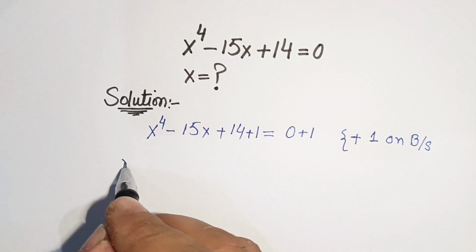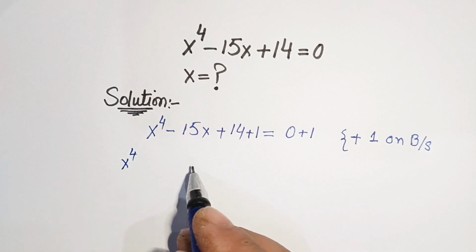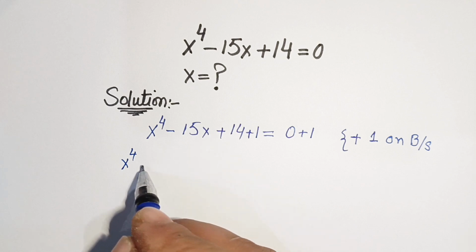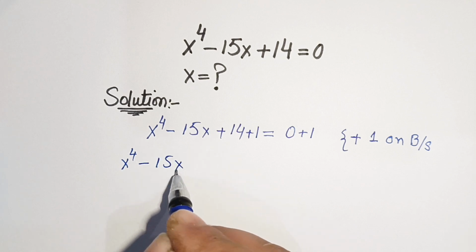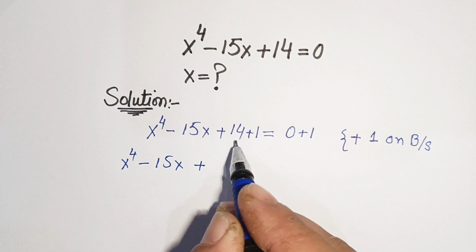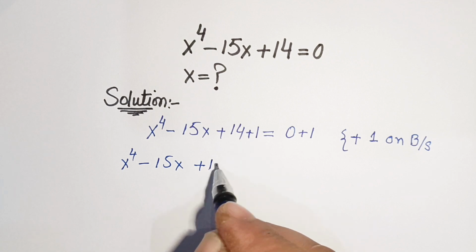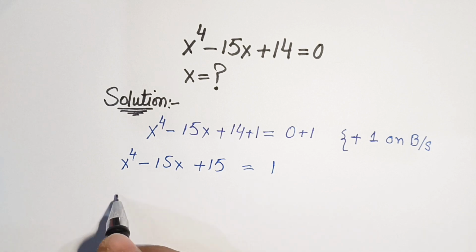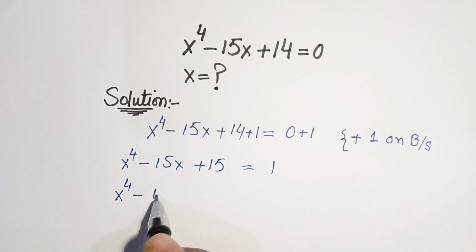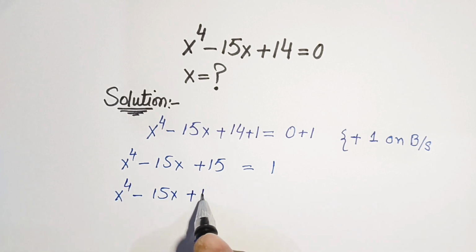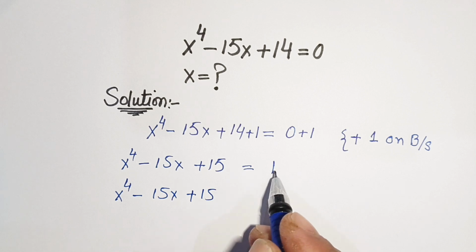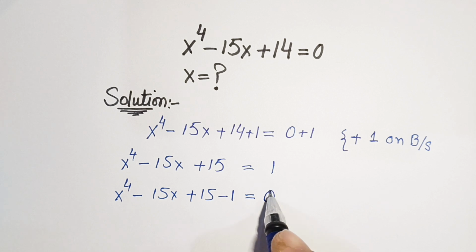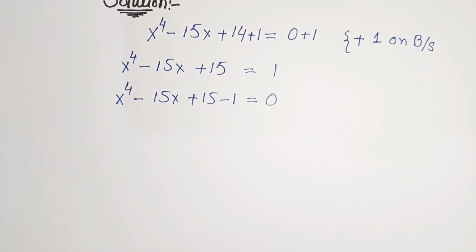Now we have x to the power 4 minus 15x plus, here we get 14 plus 1 is 15, and here we have 1. So the next step is x to the power 4 minus 15x plus 15. Just shifting this plus 1 to our left hand side, we get negative 1 is equal to 0.